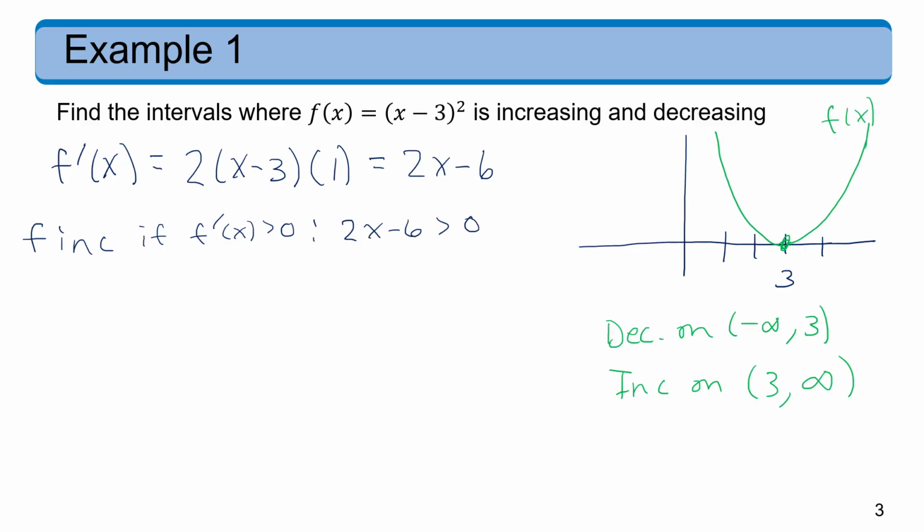And then you can solve that inequality for x. So if we add 6 to both sides, we get 2x greater than 6, and then divide by 2, we get x greater than 3. So we just made the connection that f is increasing whenever x is greater than 3. And in interval notation, that is from 3 to infinity.